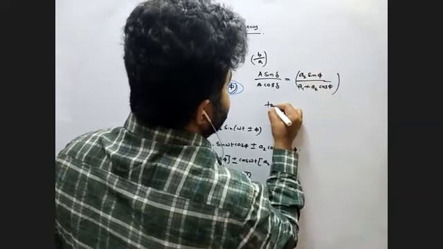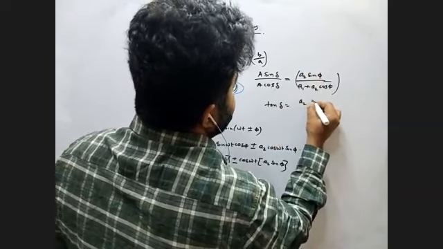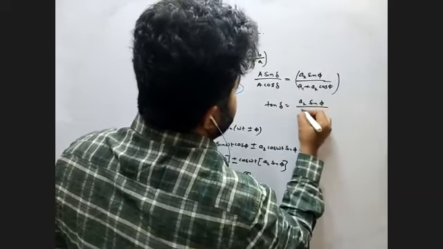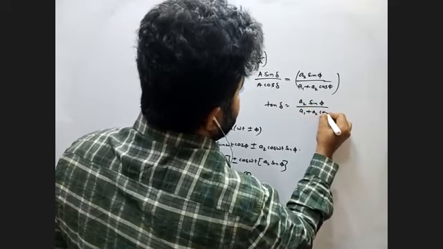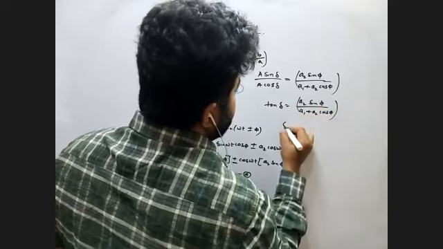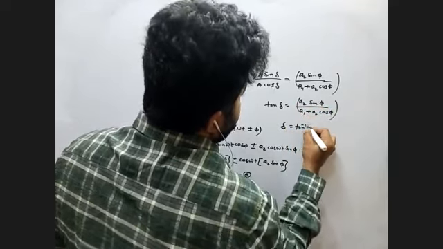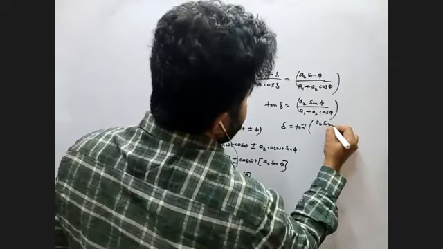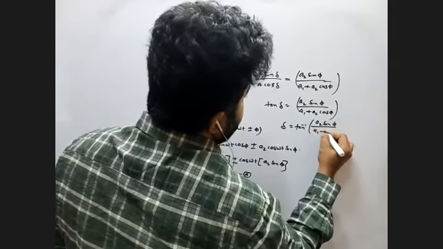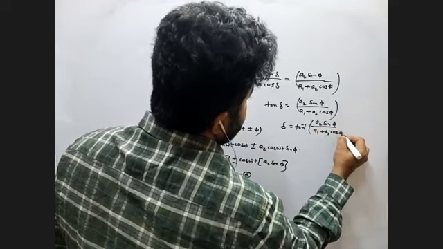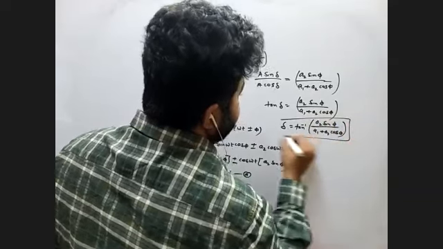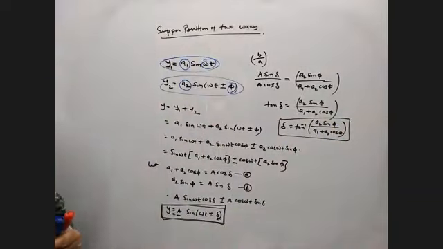So tan del is A2 sin phi by A1 plus A2 cos phi. So del is tan inverse of A2 sin phi by A1 plus A2 cos phi. Clear, everyone? So you get the angle.